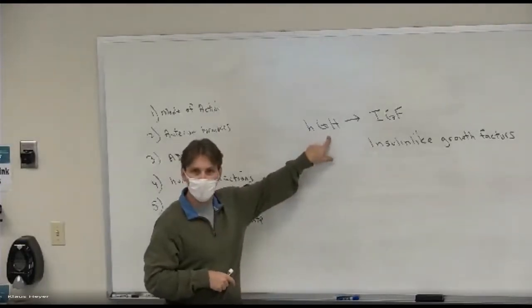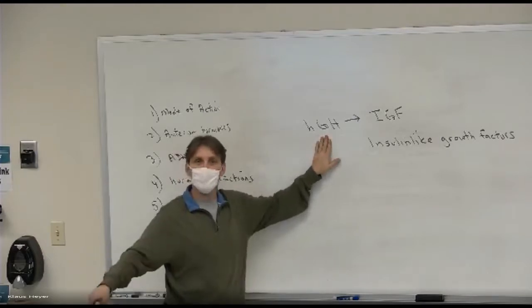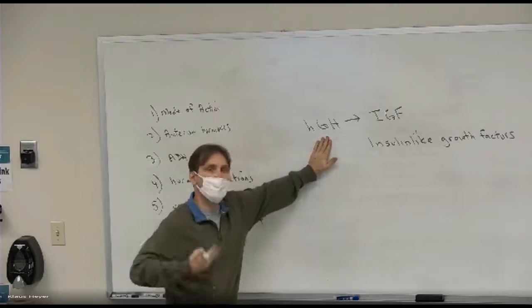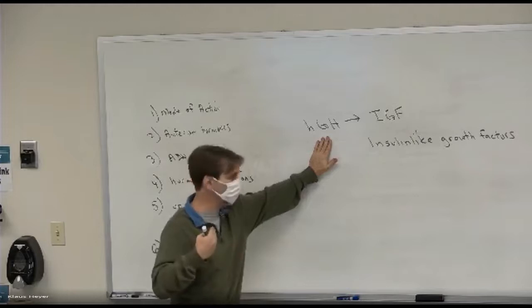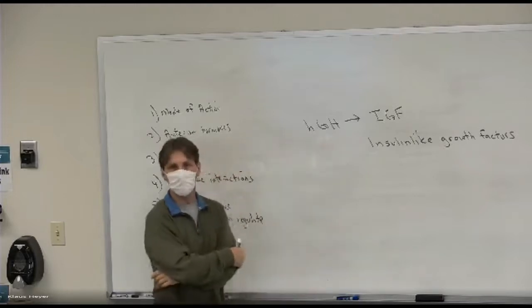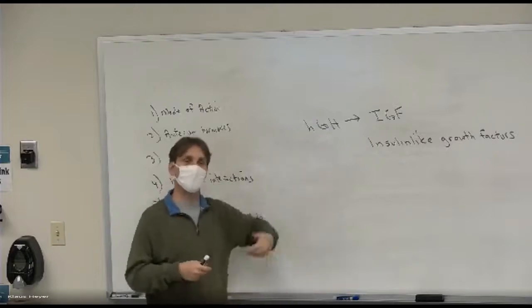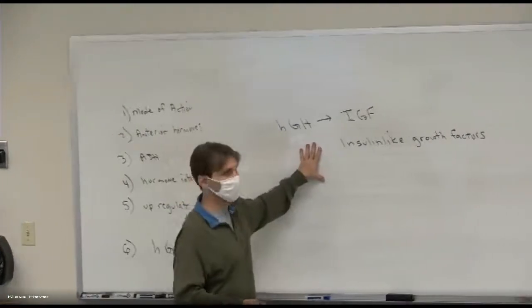What about thyroid? Yeah, that's involved too. When you're growing, you also need more metabolism. Think about someone going through puberty. They're growing, growth spurt, they need their metabolism to go up. So it's not only this hormone, there are other hormones that work with it to help you grow. But right now we're talking just about this.